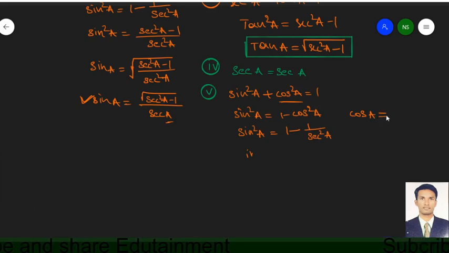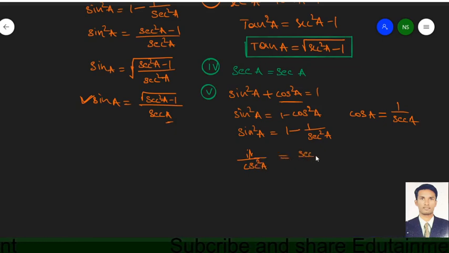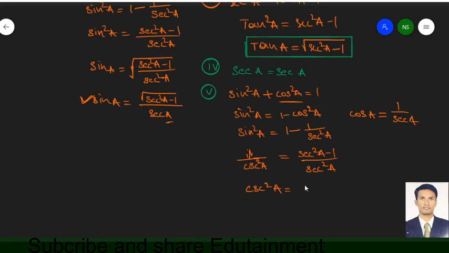One thing, cos A is equal to 1 by secant A. This sine also we can write as 1 by cosecant A, so 1 by cosecant square A is equal to secant square A minus 1 divided by secant square A. If we flip the fraction on both sides, we will get cosecant square A equal to secant square A by secant square A minus 1. We are flipping the fractions on both sides.